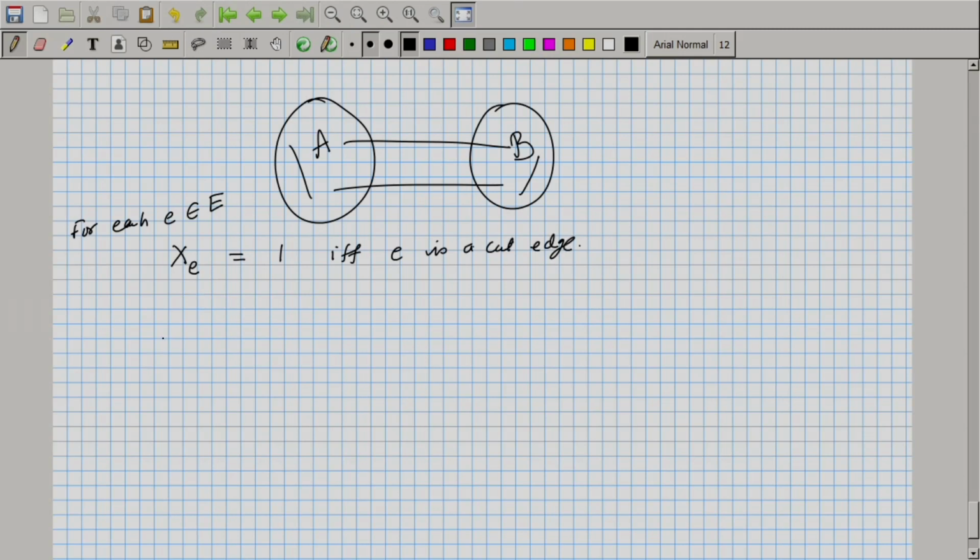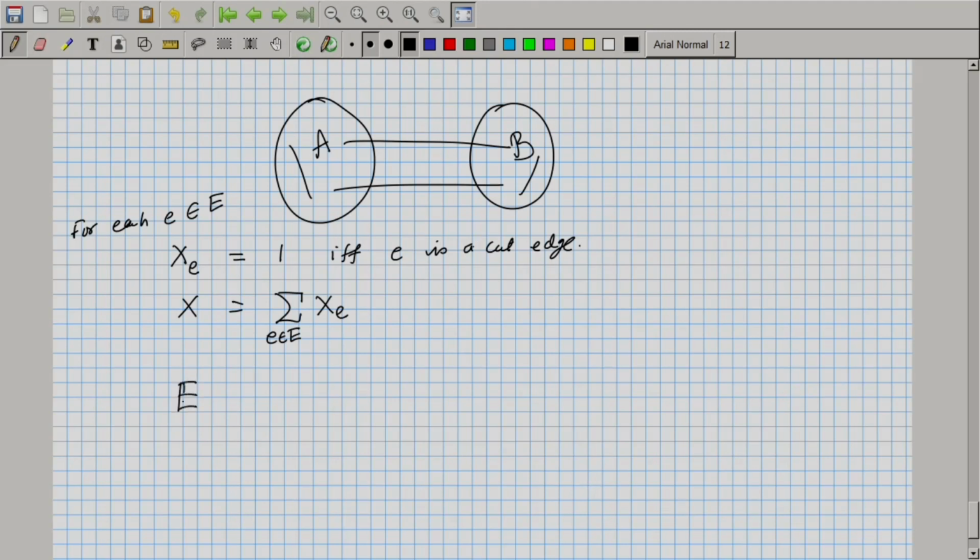So, let us look at the random variable x. X is just the sum over all edges e belonging to E of x_e. Okay, this sum over all edges of x_e will give us the number of edges that are there in the cut.